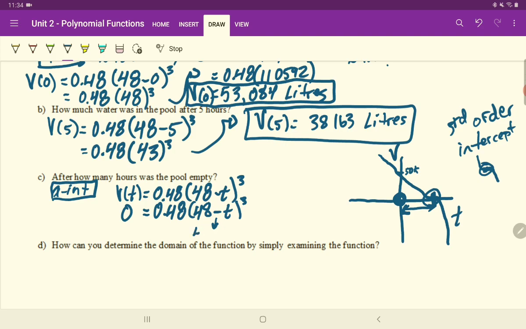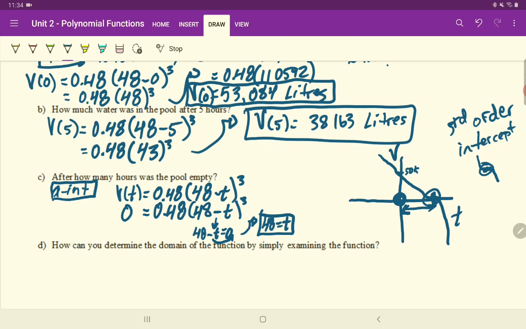But let's do 48 minus t equals 0, okay? And just over here, I'll just do that. I'll bring the minus t over to that side, and we get 48 equals t, which makes perfect sense, right? 48 minus 48 would equal 0, okay? In which case then 0 cubed is still 0, and then 0 times 0.48 is still 0.